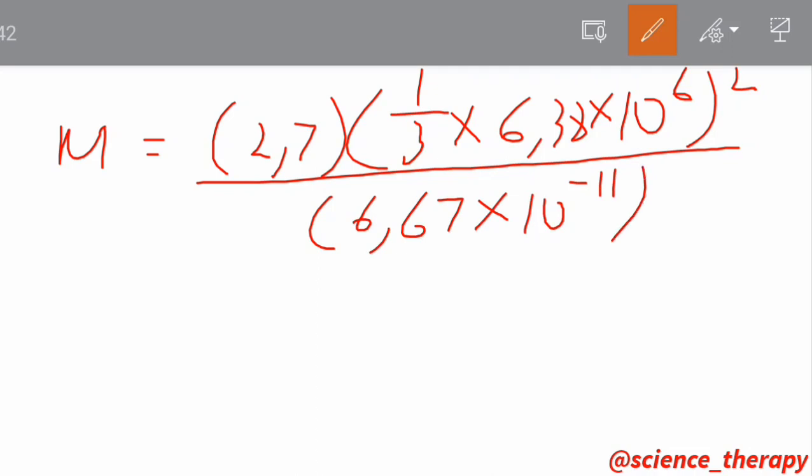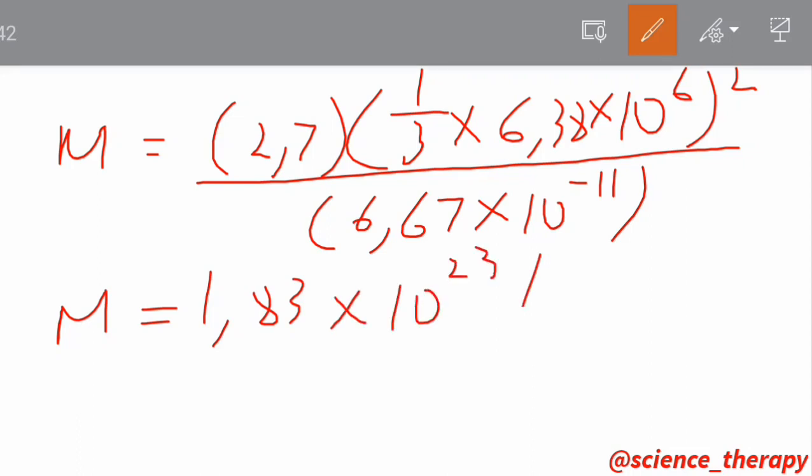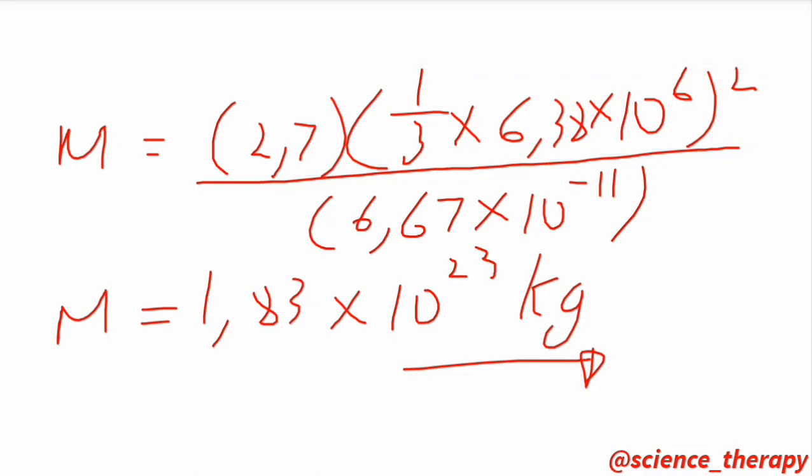It's only on the final answer that you are allowed to round off to at least 2 decimal places. Punching all that in your calculator, now we have 1.83 times 10 to the power of 23. Remember, our mass is always given in kgs. So that's your value.